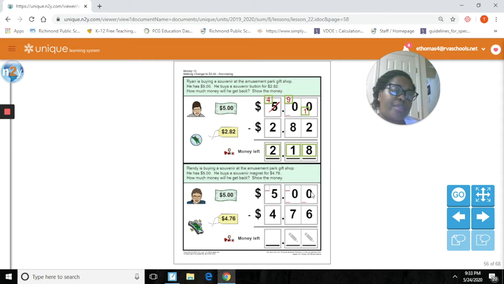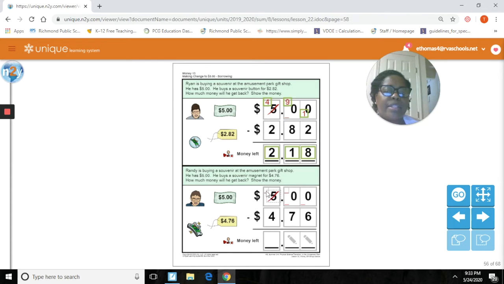Can we take 6 from 0? Nope. Can we take 7 from 0? Nope. Can we take 4 from 5? Yes. So here what we would do, we would cross this out. You see how they did that? And this becomes 4. Okay?